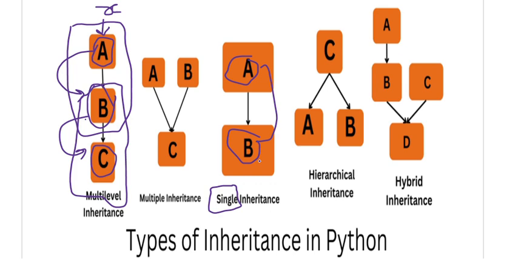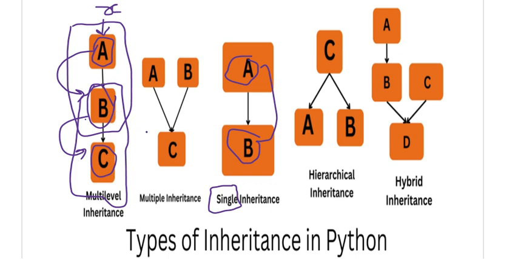But here, we extend, so that there are multiple parent classes in a chain. B will act as a parent and C as a child, and A will act as a parent and B as a child. This is known as multi-level inheritance.